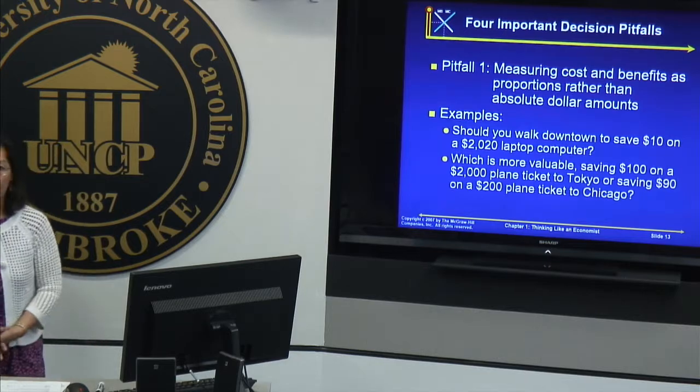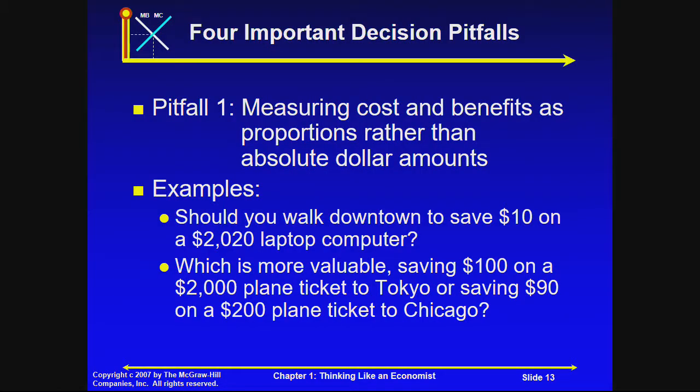So next I want to discuss that when you make economic decisions, the textbook outlines four different pitfalls. Pitfall number 1 says that when you measure cost and benefit, sometimes you think in terms of percentage or proportion rather than absolute dollar amount. So what's the difference here?